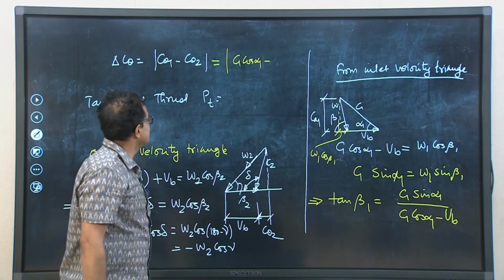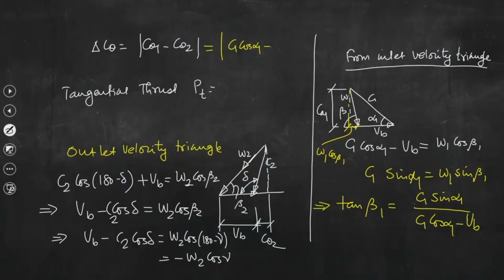So, that is C1 cos alpha 1 minus C2 cos delta. So, this is the delta C theta.